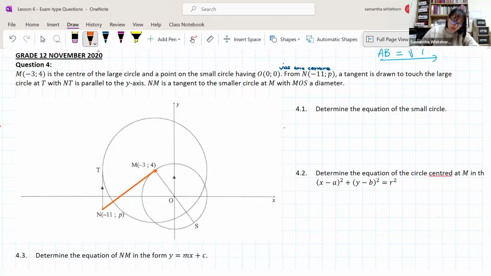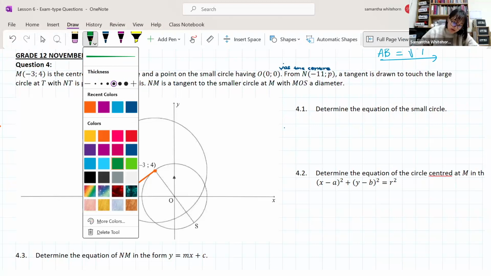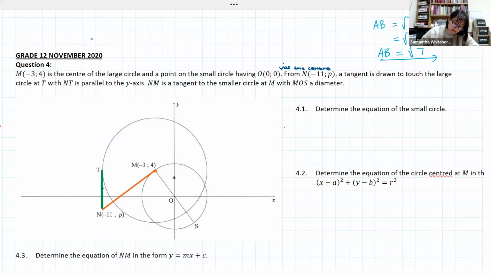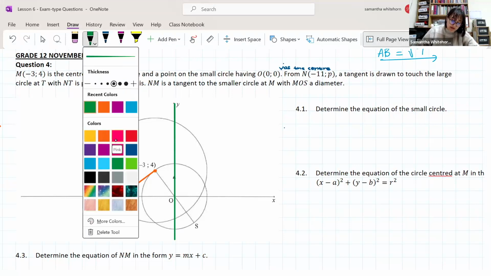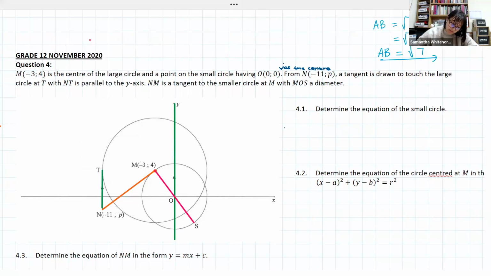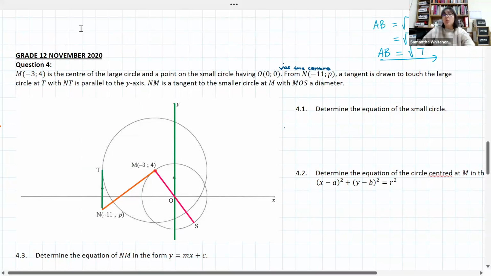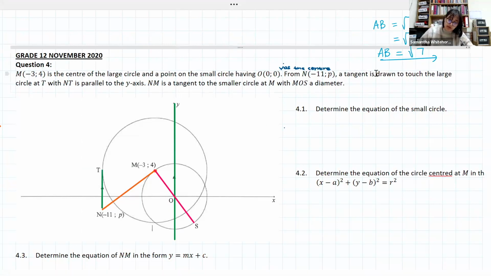The next thing we were told is that NT is parallel to your y-axis. So again, parallel lines, think of your alternate, co-interior, corresponding angles. The final thing we were told is that MOS is the diameter of your small circle. So those are all the bits of information that we have, and then obviously we've got coordinates there, and we can deal with that should we need to.